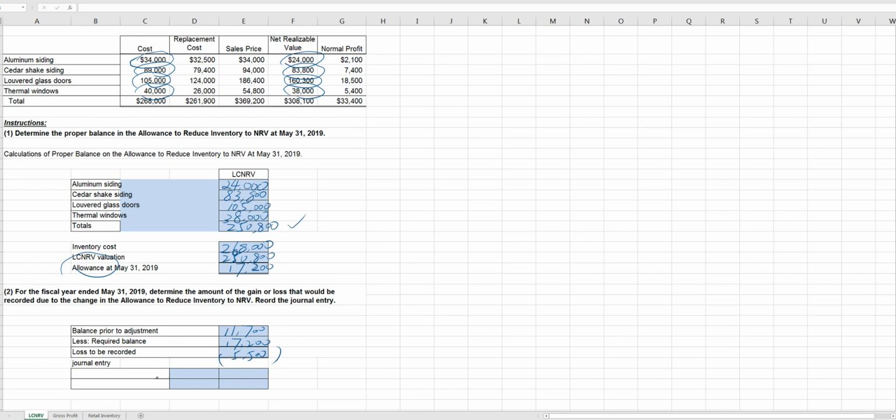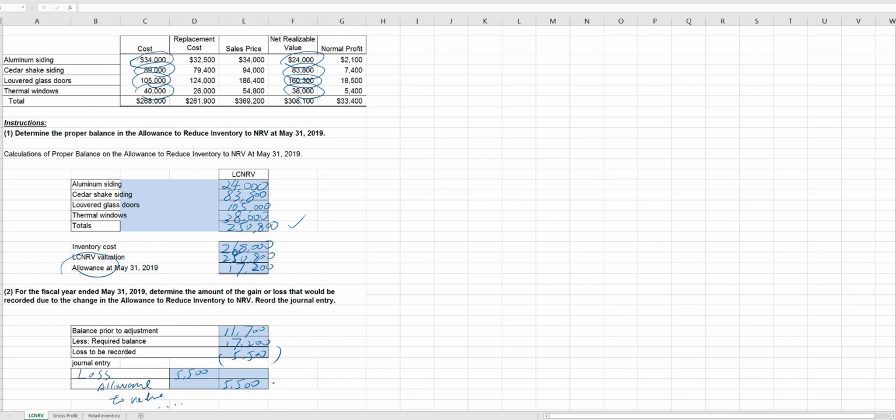We're going to book a loss, debit loss. Then we're going to credit the allowance to reduce inventory to LCNRV. Or you can just write LCNRV reserve.